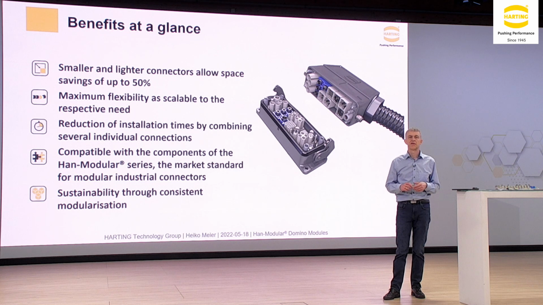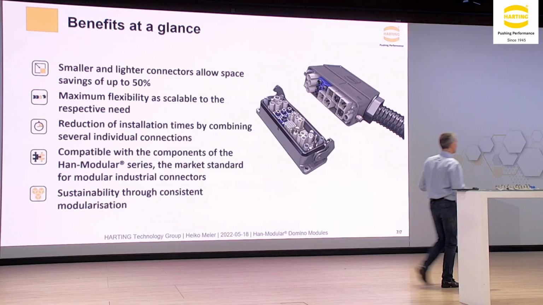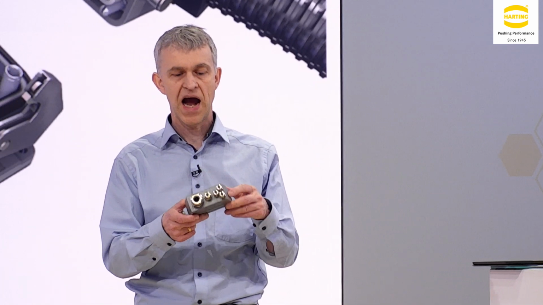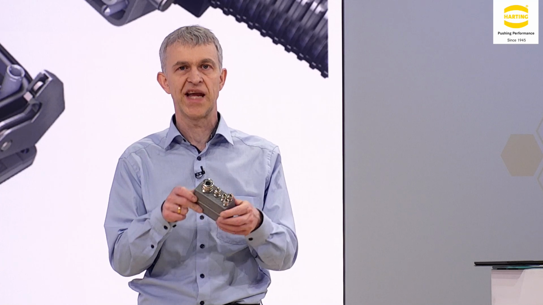You can use different cable entries with, let's say, specific hoods and housings. I think I have a sample over there. This is an example of a housing, of a hood with several cable entries.